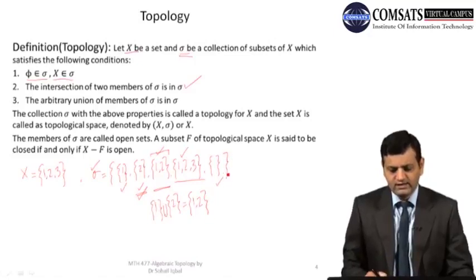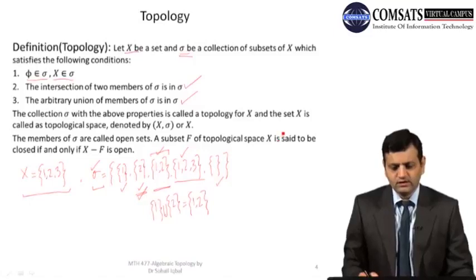Similarly, I can take any other union of these sets and the union belongs to sigma. So the third condition is also satisfied. The collection sigma with the above properties is called a topology for X. In this example, we have constructed one topology on X.